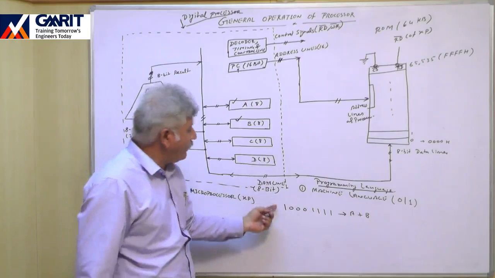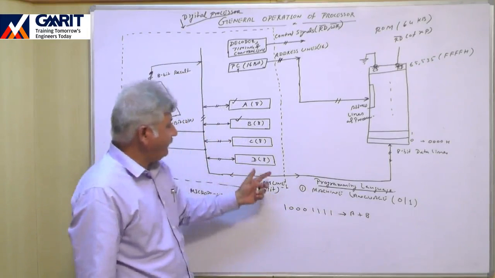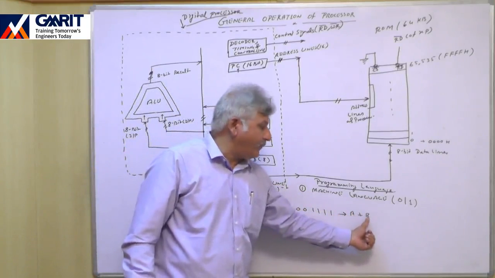The decoder section will decode the meaning of this binary pattern, and the meaning is that the processor has to perform addition over A and B.